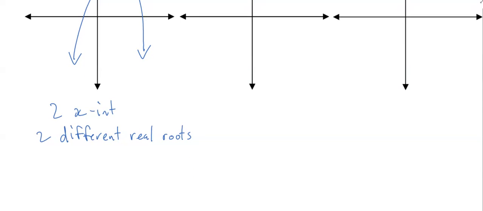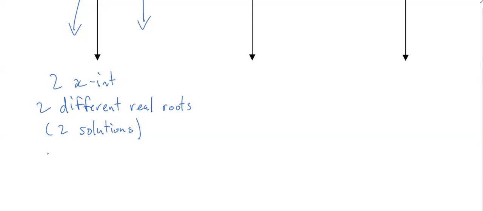So 2 different real roots or 2 solutions, all different ways of saying the same thing. And what this looks like is b squared minus 4ac will be greater than 0. And we've talked about that, but we're rewriting and redoing it.